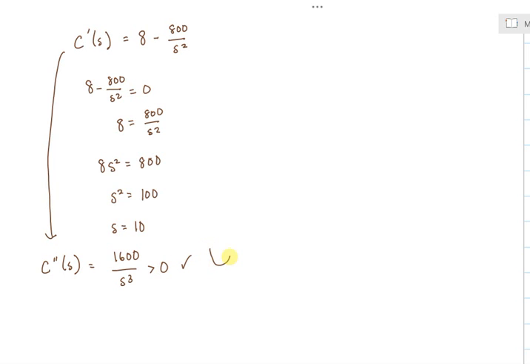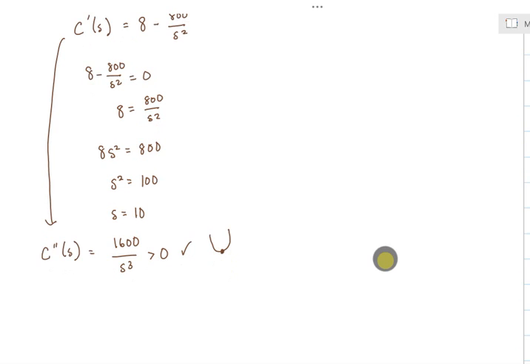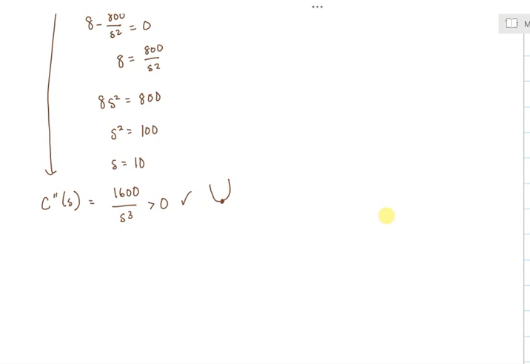That means the function is concave up. So at 10, that is a minimum. This tells me we should have 10 shipments of 80 calculators each.